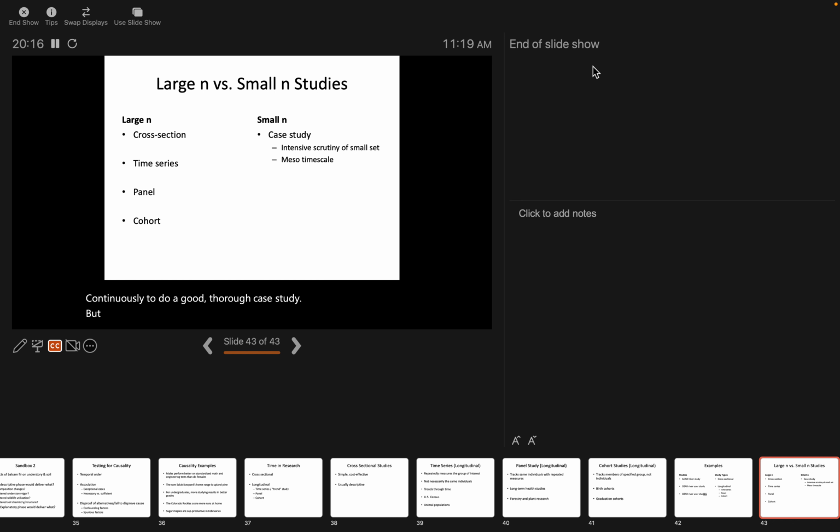But in that way, you're not treating time as a variable. It's a cross-section, but one that takes a couple of years, if you want to think of it that way, for a small n case study, a nomothetic study.